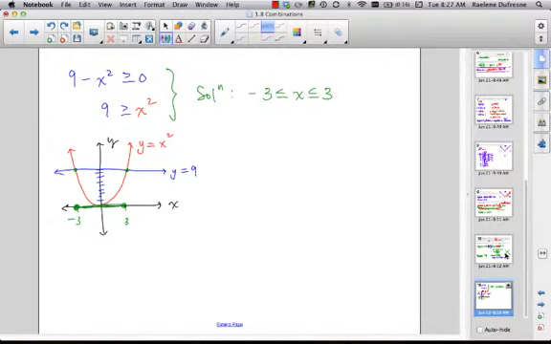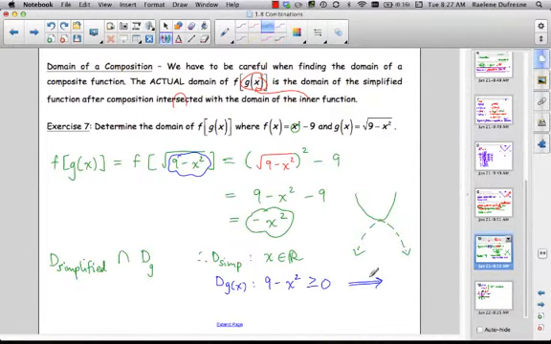But that's the domain of the inner function over here. So the domain of the inner function is x contained from negative 3 to 3. So when we put these two things together, the domain of the intersection ends up being x contained from negative 3 to 3.